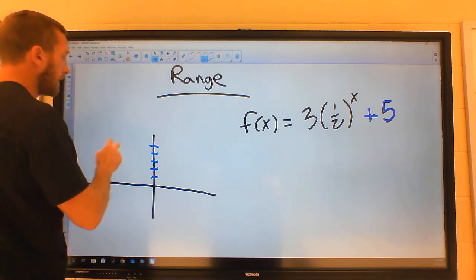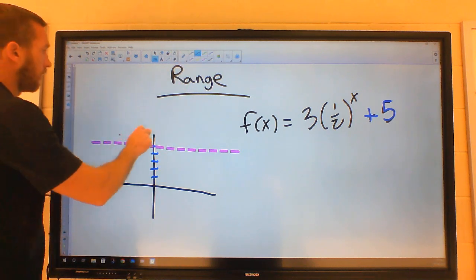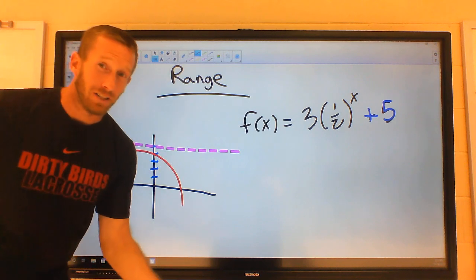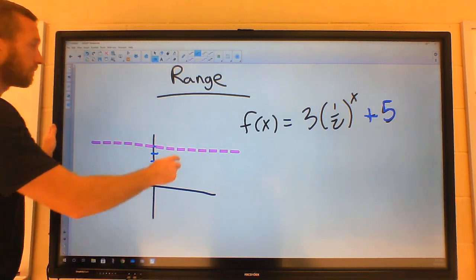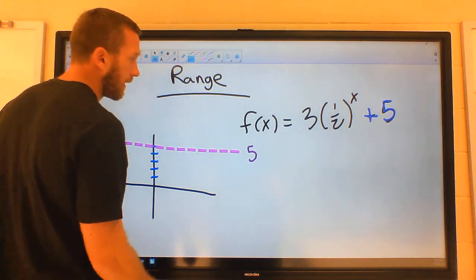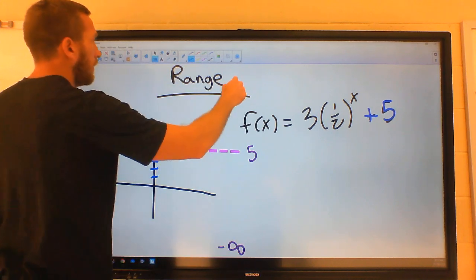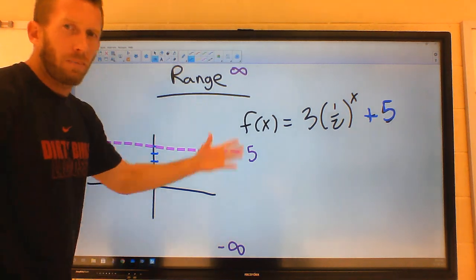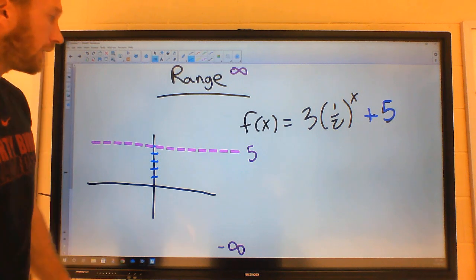Once we identify our asymptote, we have only a couple options. Our function's above it, or our function's below it. Do you guys agree with that? That's literally all our options, right? And if we list out our important numbers in life, 5 is right there, that's that height. Way down at the bottom is negative infinity, and way up at the top of the world is positive infinity. So these are basically the 3 numbers that I care about now for our interval notation of range.